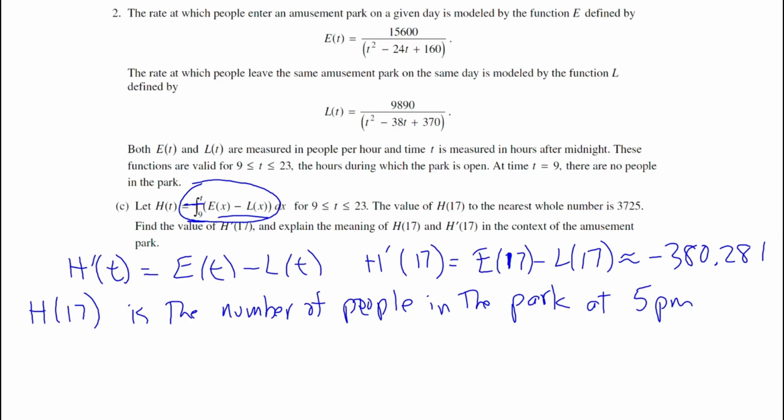And then the second part, what does h prime of 17 mean? Well, it's the rate of change of the people in the park.